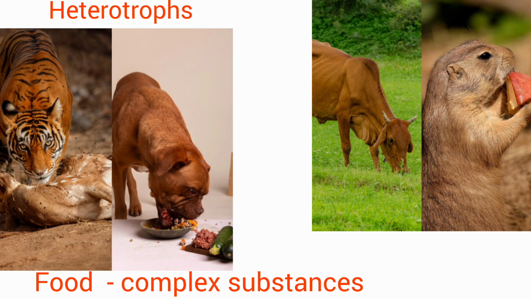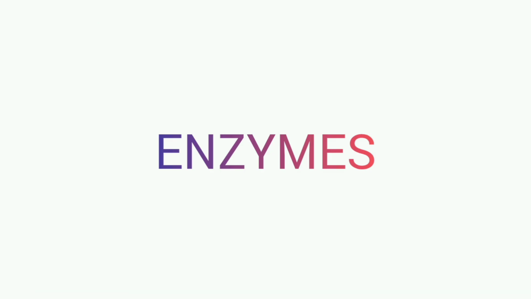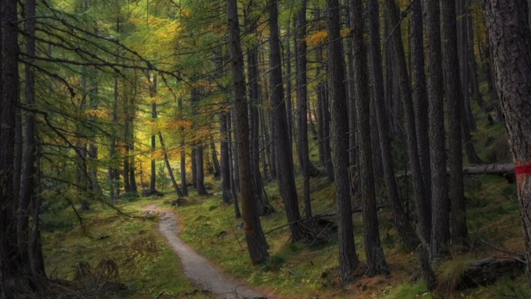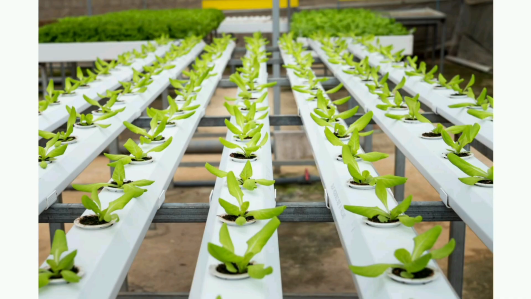For this, heterotrophs use special biocatalysts called enzymes to help in the digestion and absorption of food. Let us now understand how some organisms, including the world's largest producers, the green plants, are able to prepare their own food using simple substances like carbon dioxide and water.